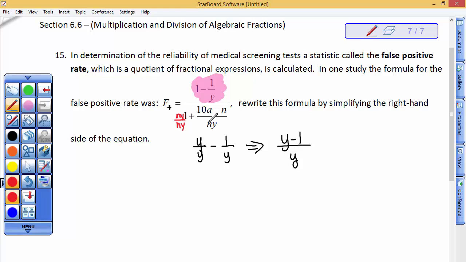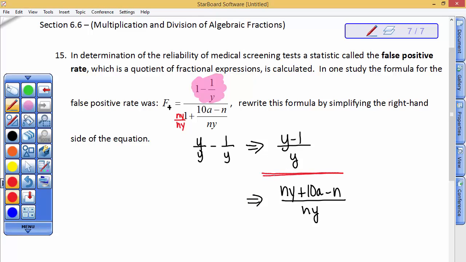This 1 right here is ny over ny. And now these two fractions have a common denominator. So this ny plus these two terms right here, so ny plus 10a minus n over the common denominator of ny is what's under this fraction. And actually, I should have put it right over here. ny plus 10a minus n over ny is the denominator of this complex rational expression.